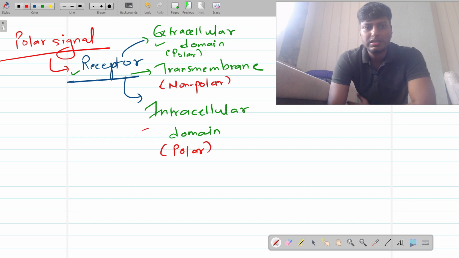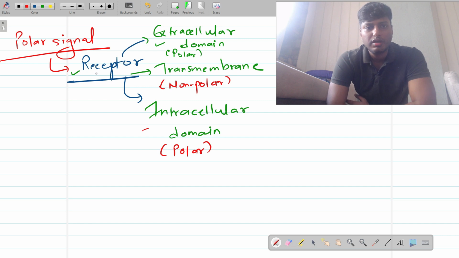Now, what happens is, as soon as the polar signal is accepted by the receptor, which is present on the membrane, this results in the activation of a signal transduction pathway.